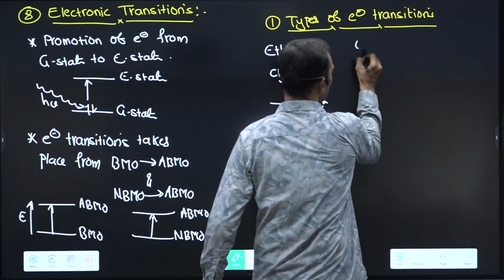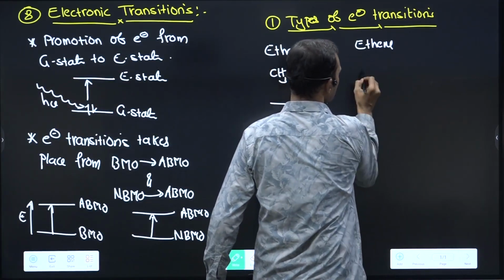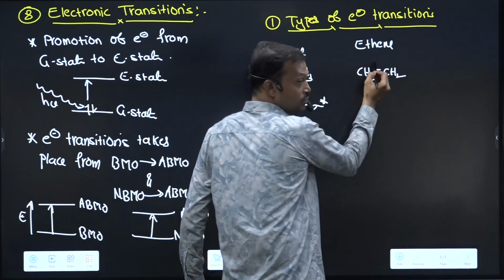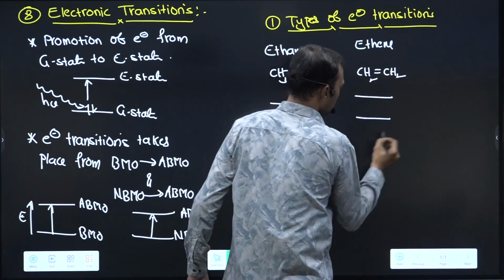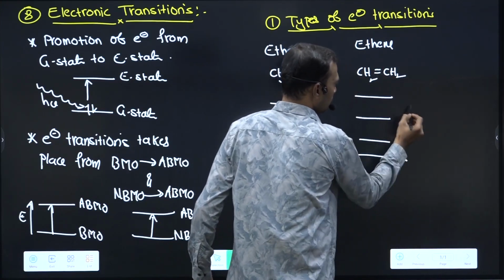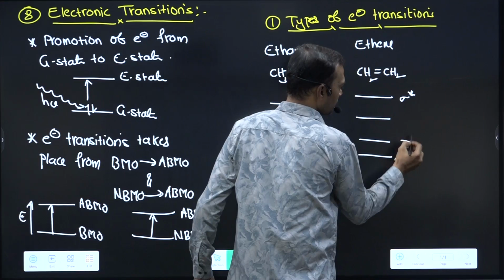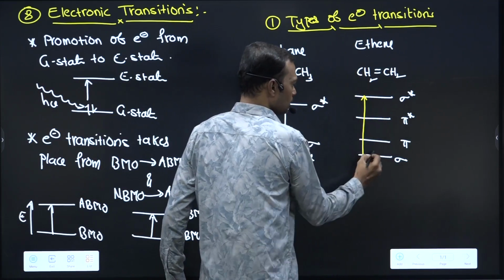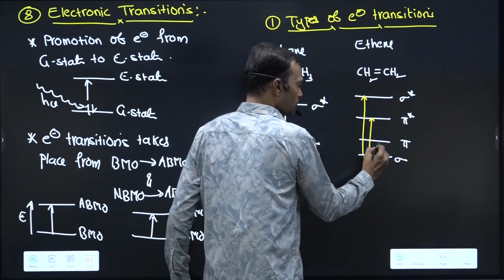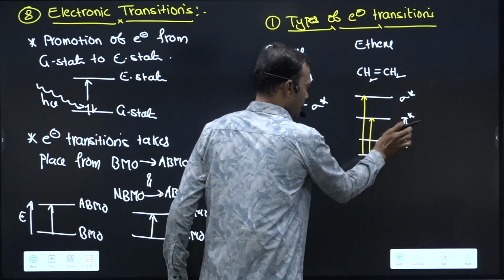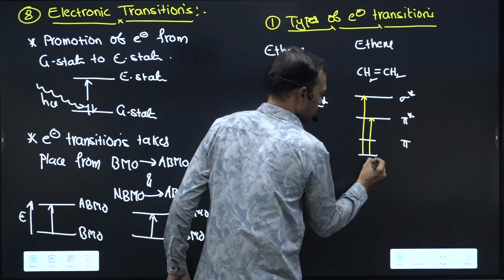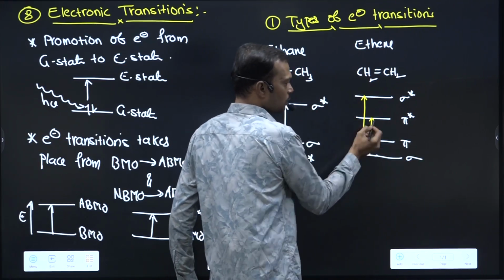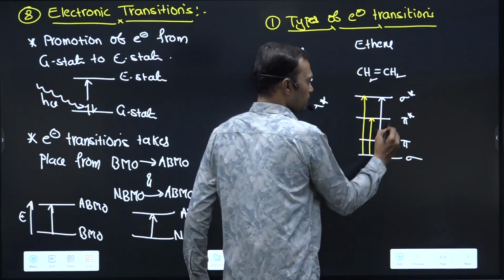Suppose I take ethene, this is ethene, I am writing the carbon-carbon double bond. Now see, here there is a presence of sigma and pi. When sigma and pi both are present, here sigma, here sigma star, here pi and here one more pi star. Total 4 possibilities are expected: sigma to sigma star, sigma to pi star, pi to sigma star, pi to pi star.